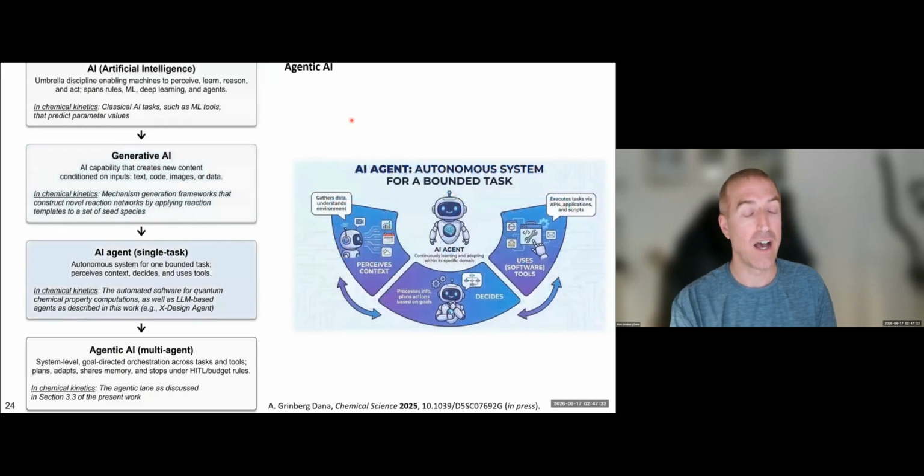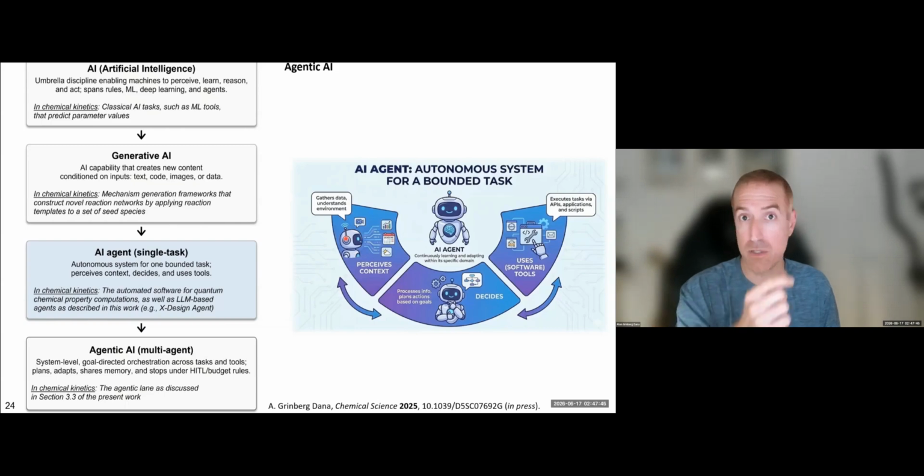Next, we have the AI agent. An AI agent is a system that's capable of perceiving automatically. It could be a sensor in real life. It could be software that identifies and reads. So any perception, then it makes a decision.